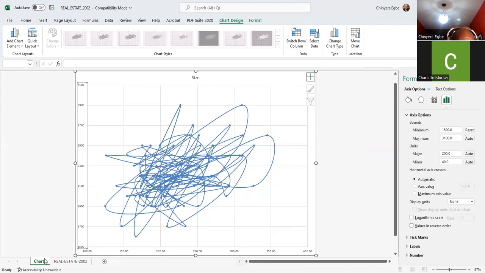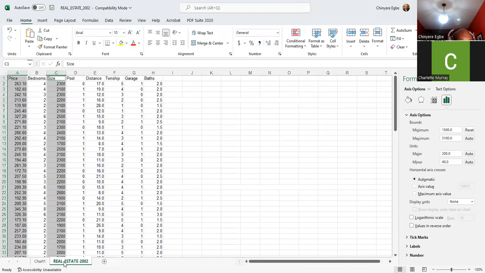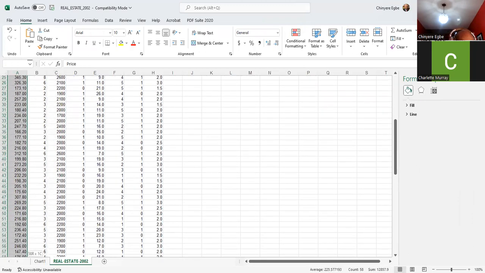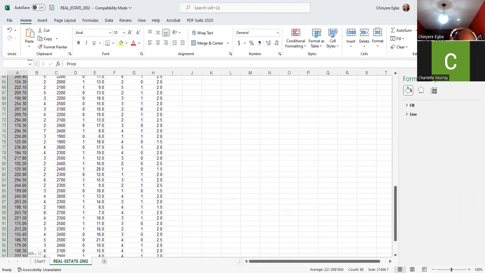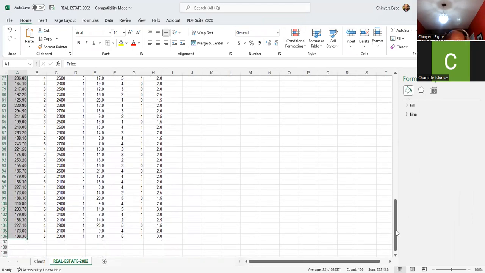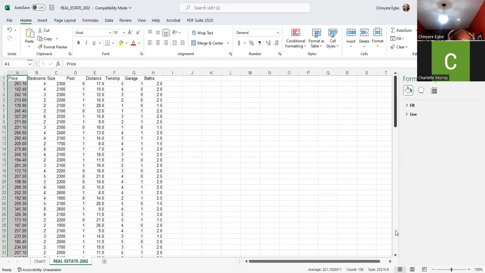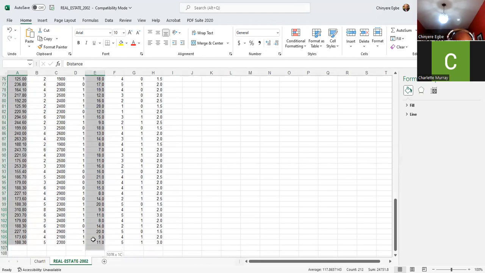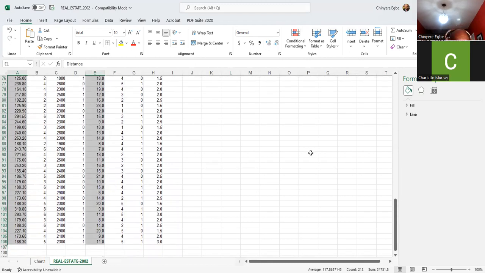All right, so let's try another variable. Let's try price and distance. Now, let me use this opportunity to give you a little insight into practical statistical analysis. Whether the relationship we're looking at now is positive or negative depends on the location.